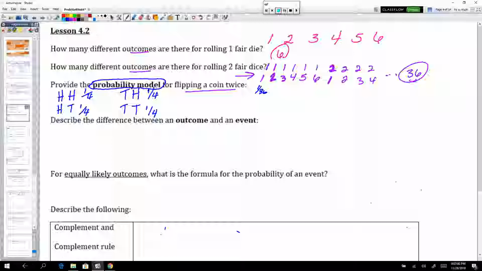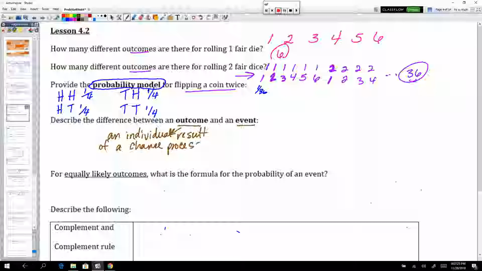Now, one of the most important things to know for this section is the difference between outcome and event. So far we've been talking about outcomes. Okay? Outcomes. An individual result of a chance process.